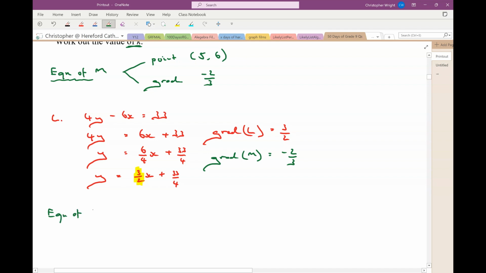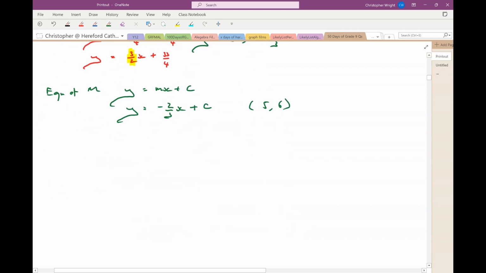Equation of M. I know it's going to be y equals mx plus c, and I know that little m is the gradient, so it's going to be y equals minus 2/3 x plus c. And now I use the fact that a point on the line is (5, 6). So when x is 5, y has to be 6. So 6 has to equal minus 2/3 times 5 plus c.